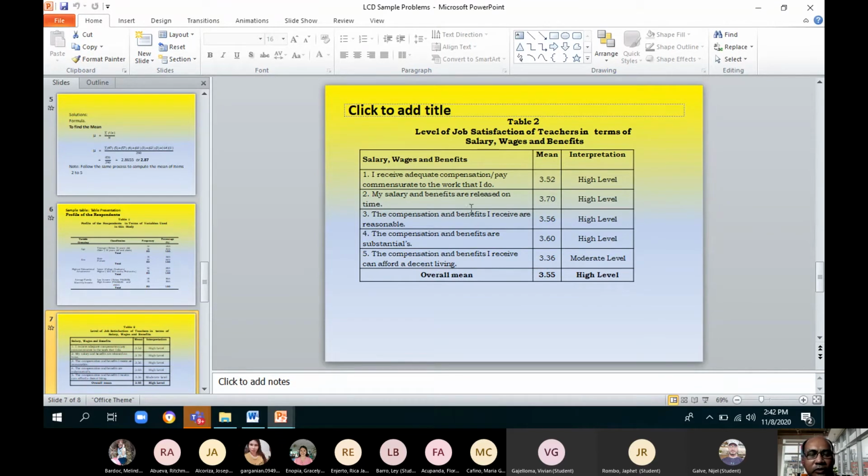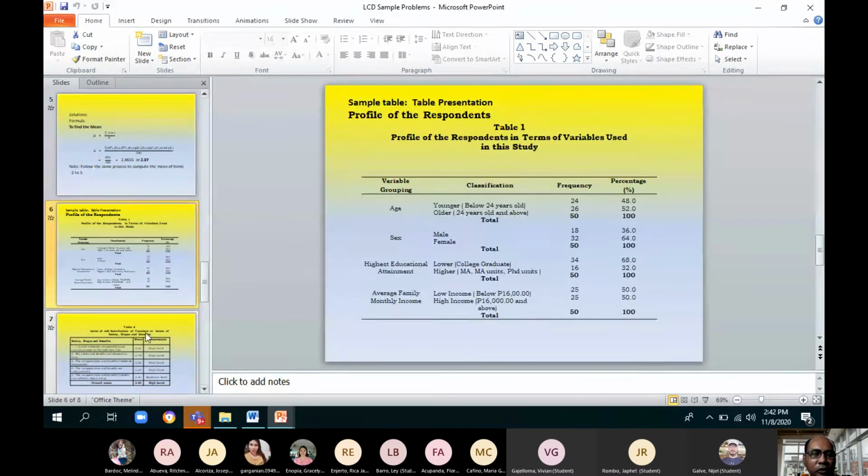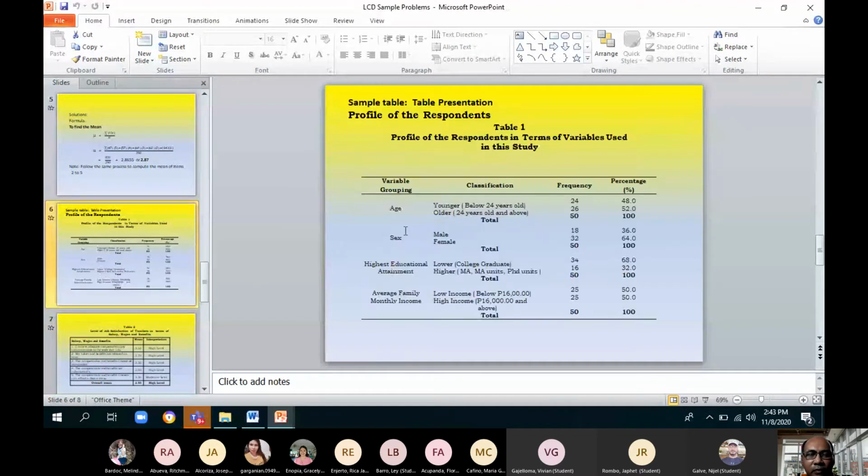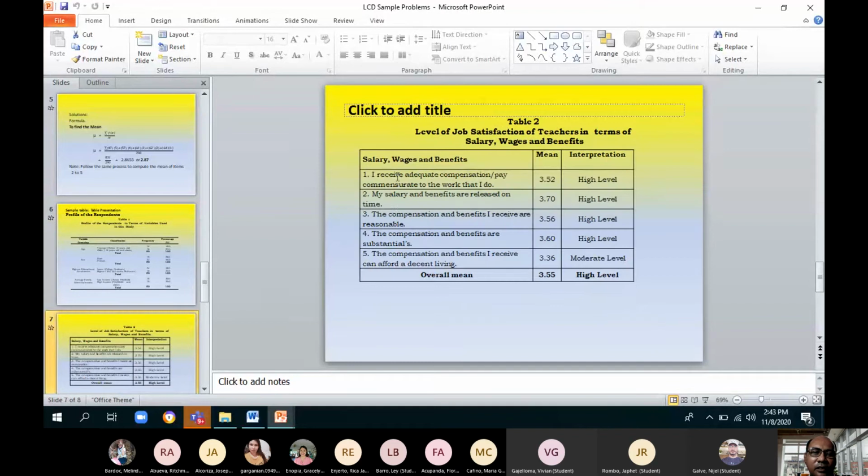So, i-change nyo na ito sa hanging table. From this table, first line lang sa itaas, then second line dito, and then the last line. Kunin nyo na itong grid line. Wala na itong mga grid line. So ito ang acceptable na table format.